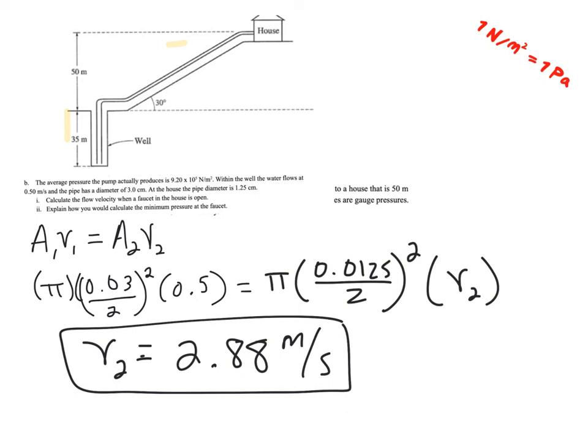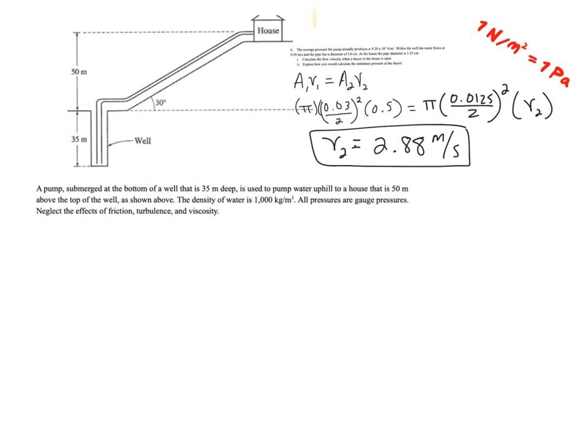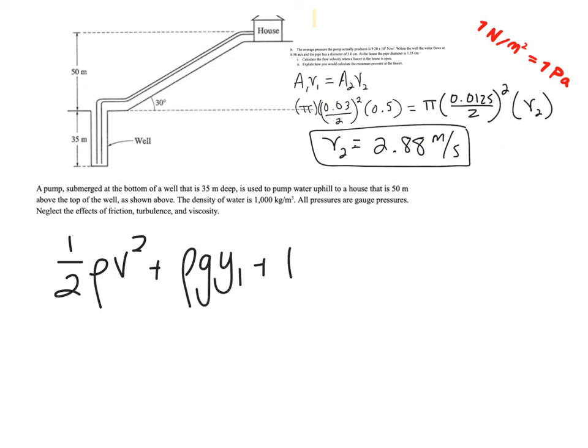It says explain how you would calculate the minimum pressure in the faucet. So they didn't actually ask you to physically calculate it, but just to explain it. So what I would use to get the pressure at the top is this equation, and the reason that I would have to use this is because so many different things are changing.